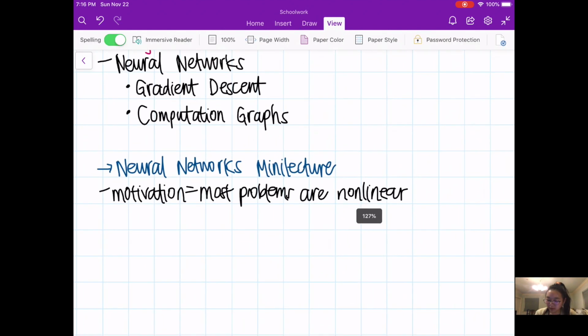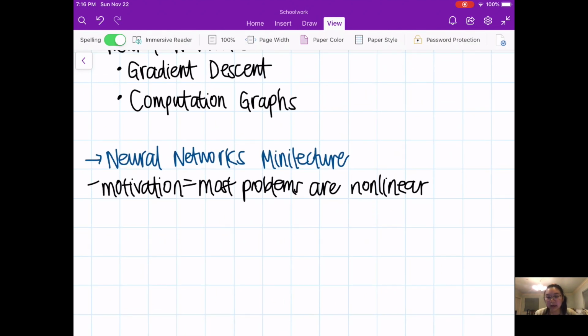So since most problems are nonlinear, we need another way to be able to represent different functions and equations versus just our normal perceptrons or linear regression. And that is where neural networks come into play. So essentially with neural networks, we can model these more complex functions by adding nonlinearities in certain layers.